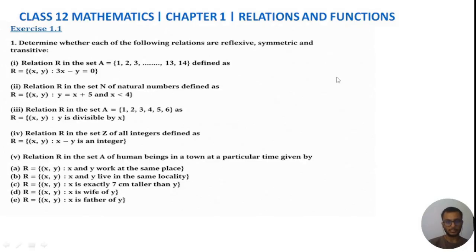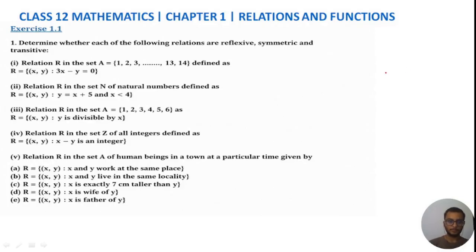Okay, so let's move. What is given in the first question is: determine whether each of the following relations is reflexive, symmetric and transitive. Here we would be given some relation and we need to identify its property, which type of relation it is, that is, whether it is reflexive, symmetric and transitive.